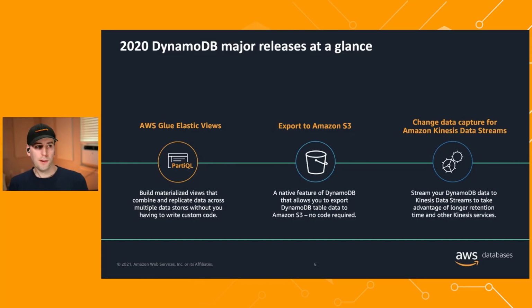You can have enhanced fan-out, Kinesis Data Analytics for streaming SQL queries, or Kinesis Data Firehose to take the data from the Kinesis data stream, which is full of data from DynamoDB, and put that into Redshift or into S3. So one thing to note is there is an additional cost for using all of these services, so do check out the pricing pages for each of them.